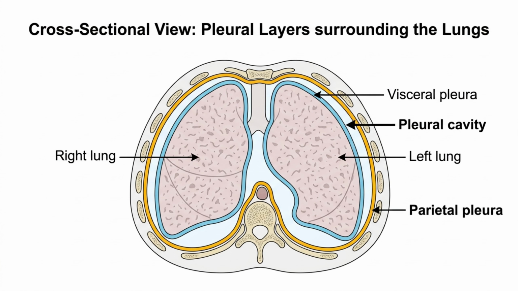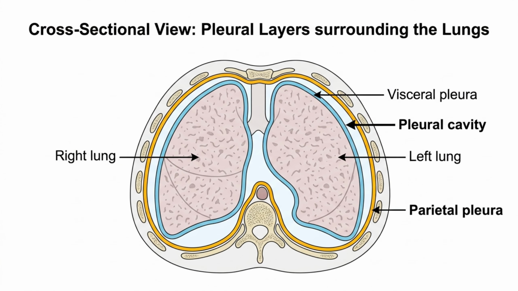The parietal pleura forms the outer layer and lines the inner surface of the thoracic cavity. Between these two layers is the pleural cavity, a potential space containing a small amount of lubricant that allows smooth movement of the lungs during breathing.